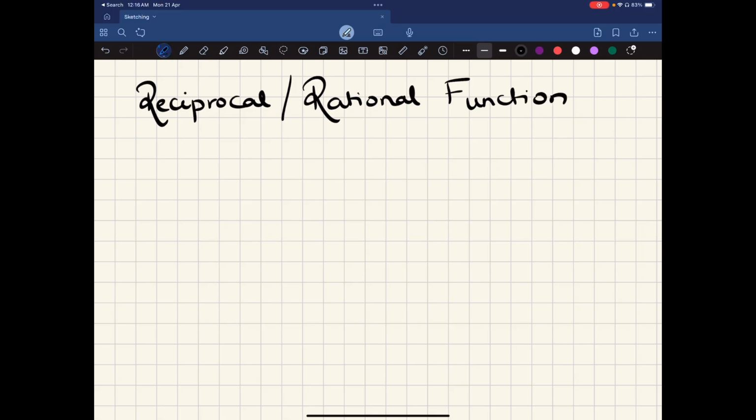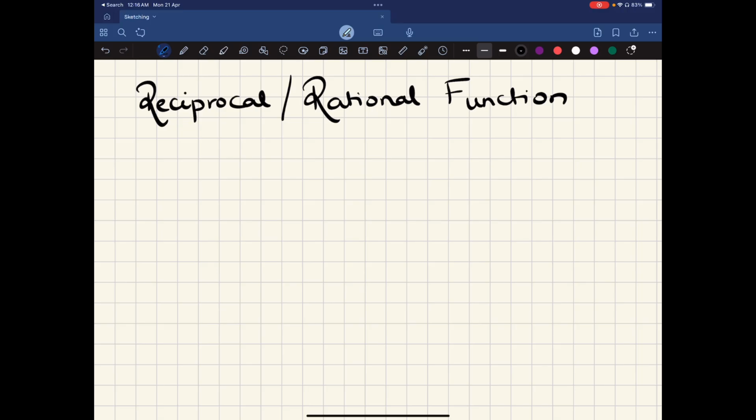They're not tested in a lot of detail, so all that I think the examiner expects from you is to have a very basic knowledge of these reciprocal functions and cubic functions, exponential functions. So if you understand the gist of it, there's nothing to worry about.